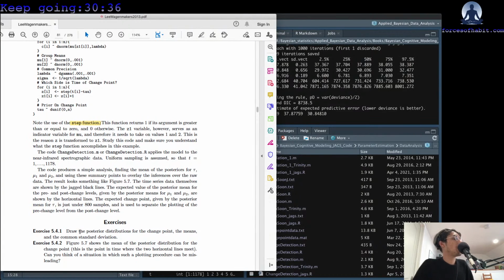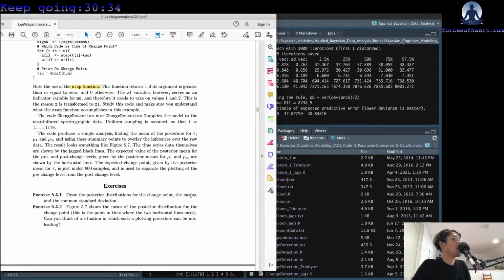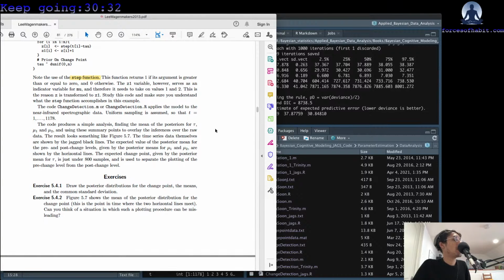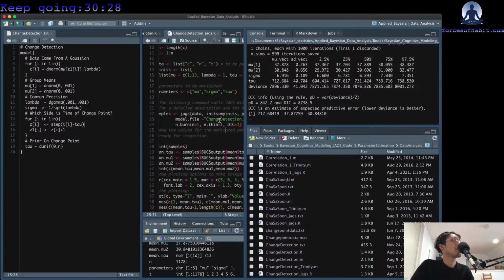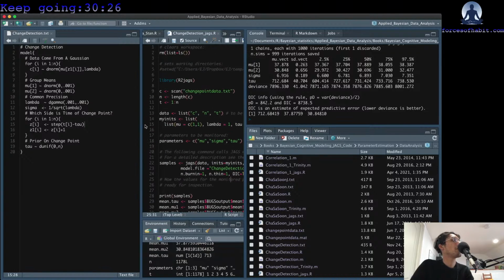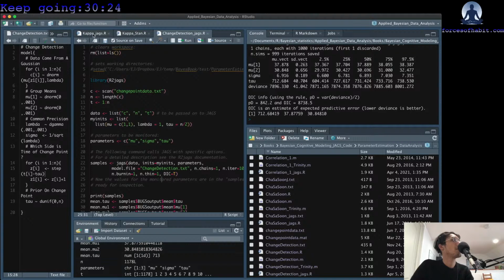So let's draw the posterior distribution for the change point and standard deviation. So it wants me to just draw those.